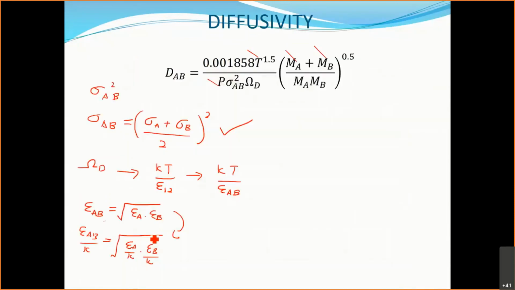Now that I have found my epsilon AB over K, in order for me to find the value of omega, I will need to find KT over epsilon AB.